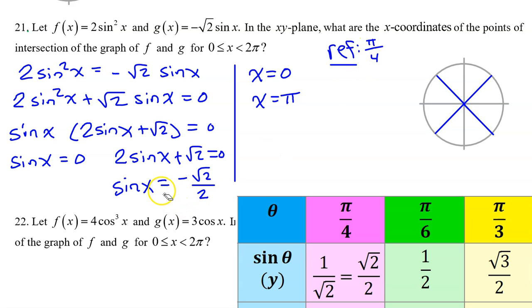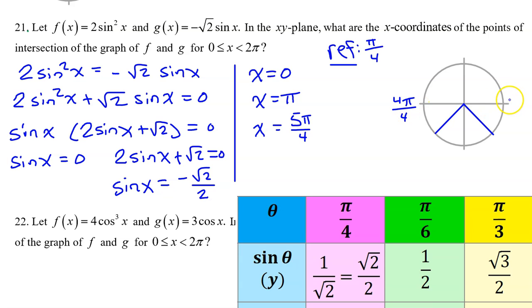On the interval from 0 to 2 pi, here are the 4 angles with a reference angle of pi over 4. In this case, we want sine to equal negative radical 2 over 2. So we will stick to the third and fourth quadrant, where the y value, and thus the sine function, is negative. We can think of pi as 4 pi over 4. So this angle in the third quadrant will be 5 pi over 4. So that's a third solution.